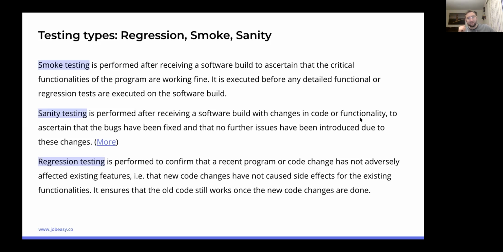If a bug was fixed, or they touched some functionality, then you need to do a sanity test. If it's new development, and developers are just performing some initial things and want to make sure that at least the software can be launched without an issue, then it's smoke testing.